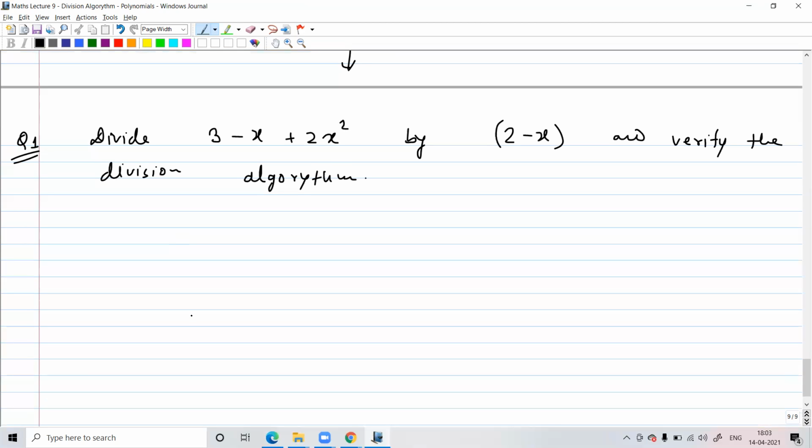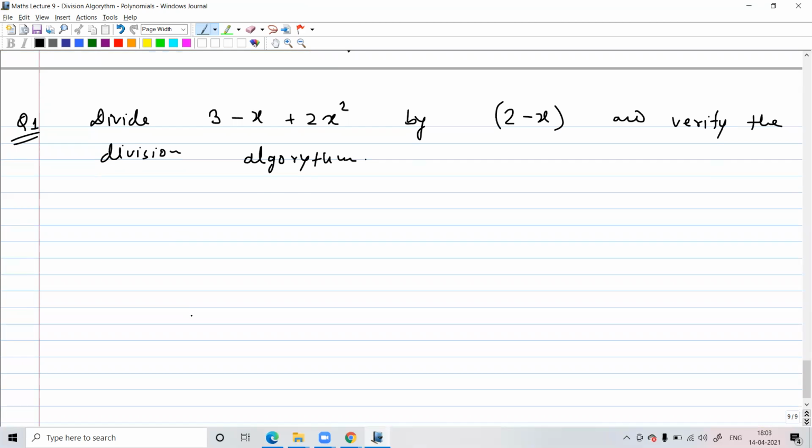This should be simple to you now. Divide the polynomials and verify the division algorithm. Remember the type of question which we are learning today: division and checking, dividing the polynomials and then verifying the division algorithm.